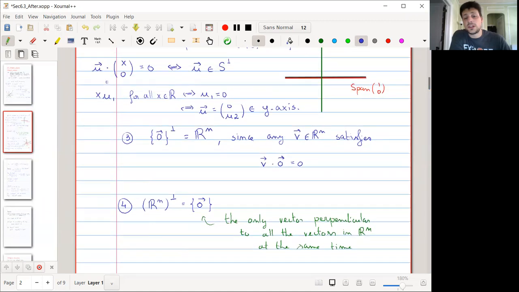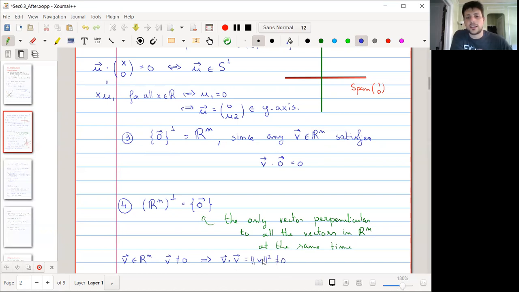Because you can think of it like this. If V in Rn is non-zero, then V dot V, which is its length squared, is different from zero.